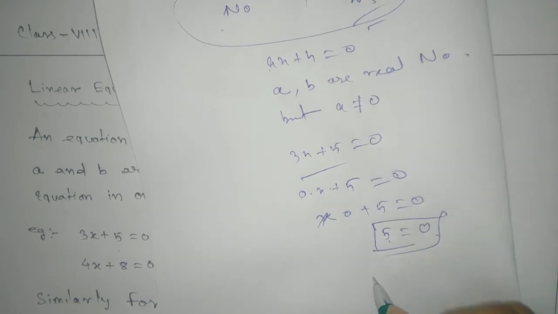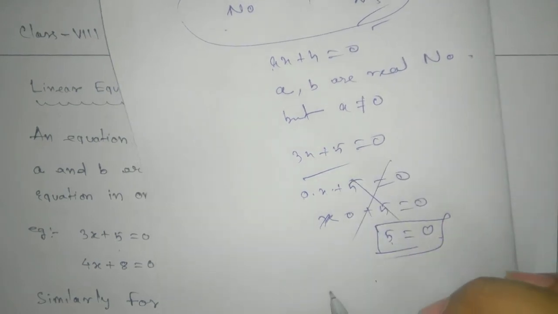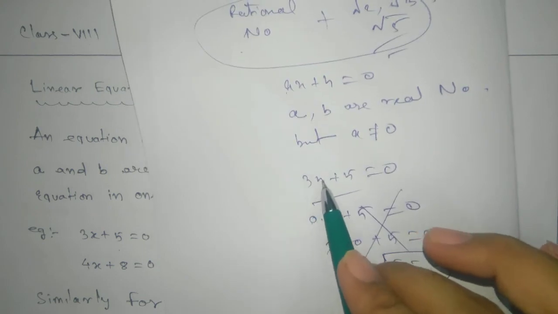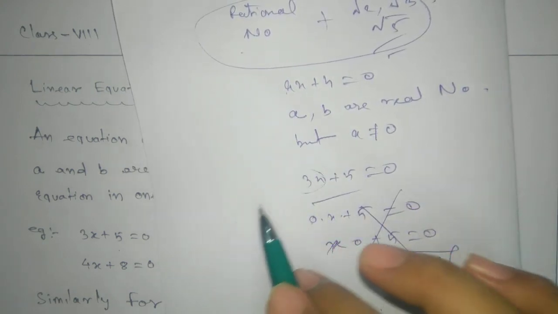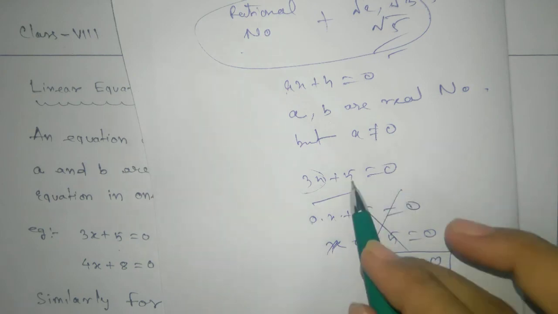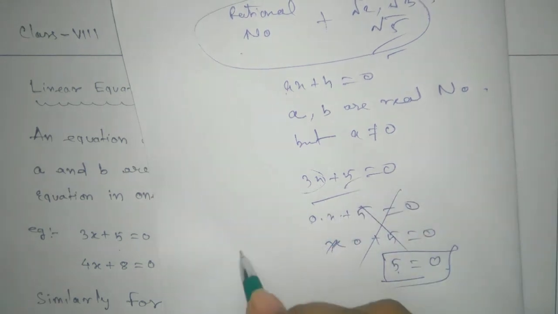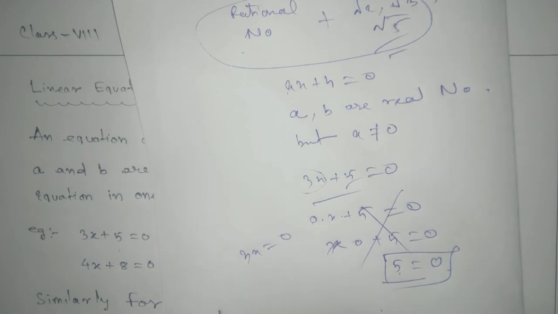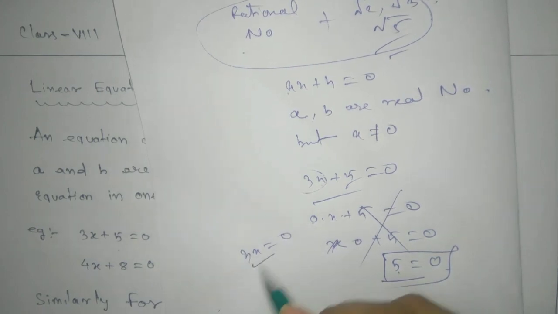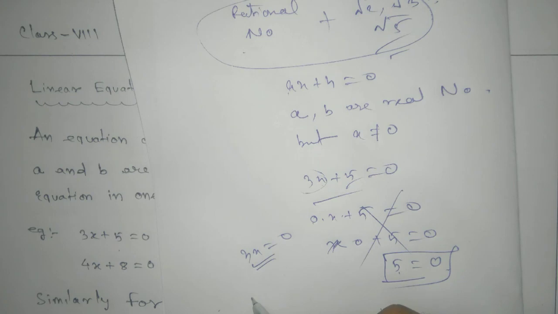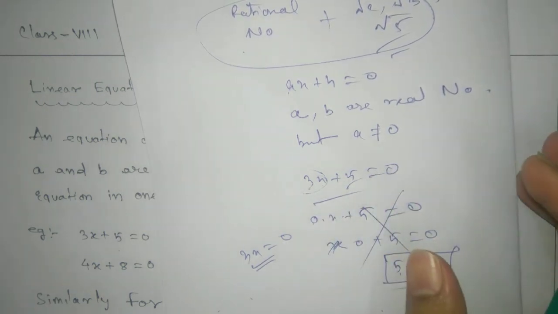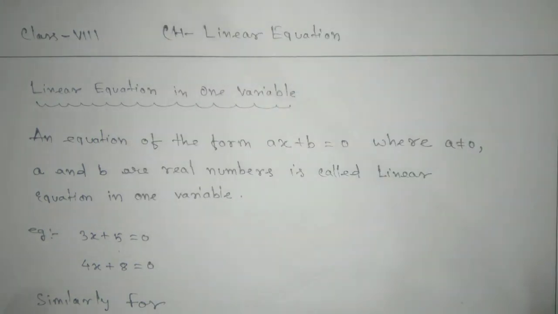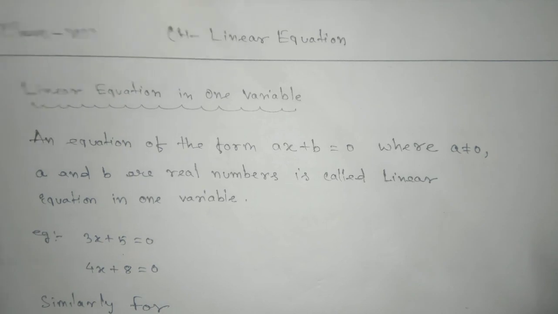No, it is not possible. That's why the coefficient of x must not be 0. Yes, b can be 0, no problem. You may get 3x equals 0. Yes, this is a linear equation in one variable. But a should not be 0.